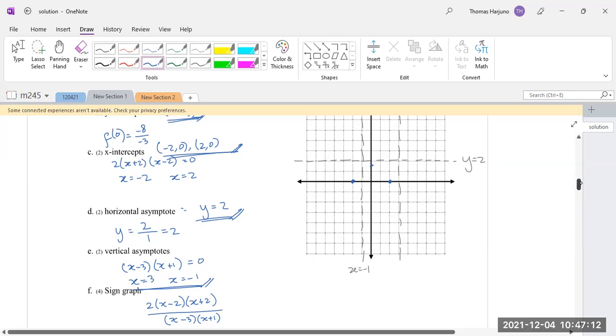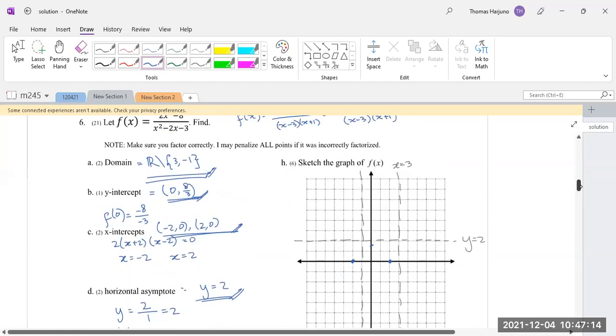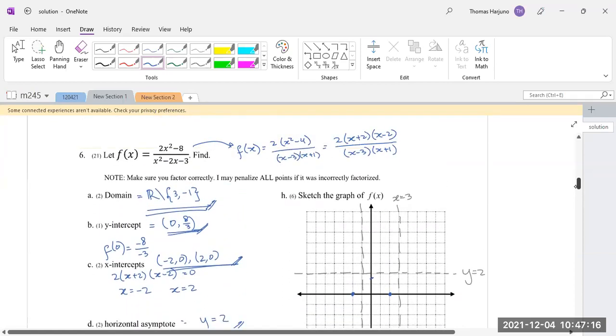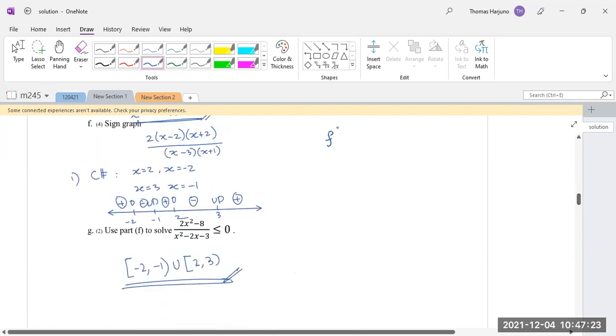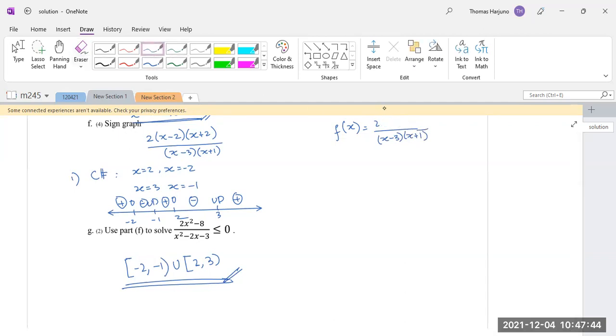And we can plot more coordinates. Let's see what is f(-4). f(x) equals 2x squared minus 8 over (x minus 3)(x plus 1). You know what? Let me write them out in factor form. It's easier to compute actually.